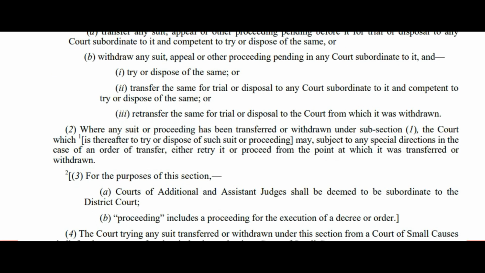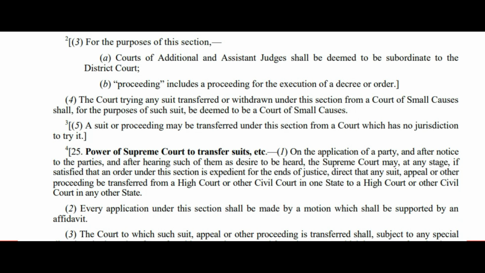Let us move to 24, subsection 3. What you need to presume or assume is stated under this particular section. If the word additional judge or assistant judge is used, in that case, these two courts, that is additional judge and assistant judge, are deemed to be subordinate to the district court.